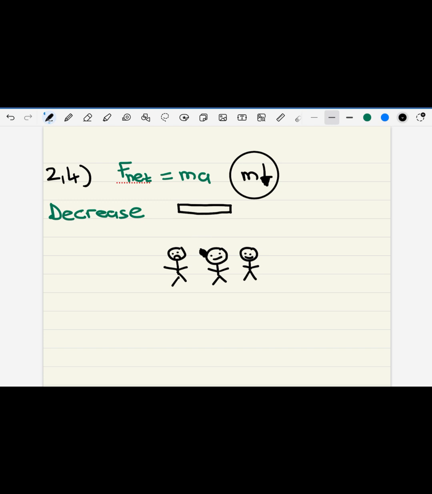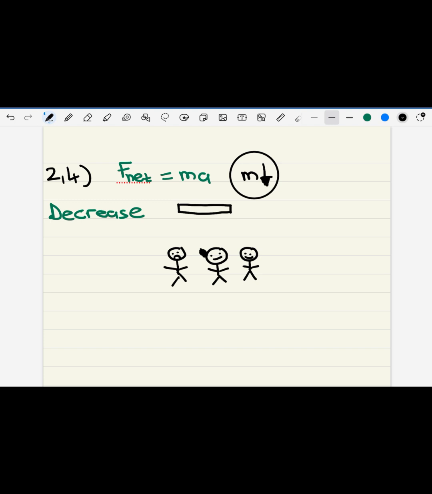And if we remove people, the string will get less tension, or there'll be less force. So it should make sense that the more people hanging from a rope, it's eventually going to break, which means it's overcome force.